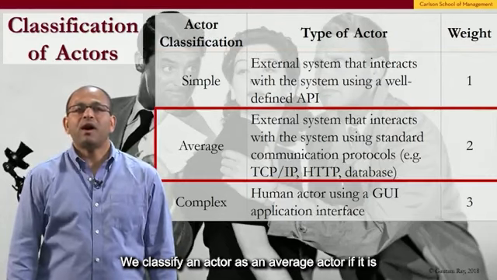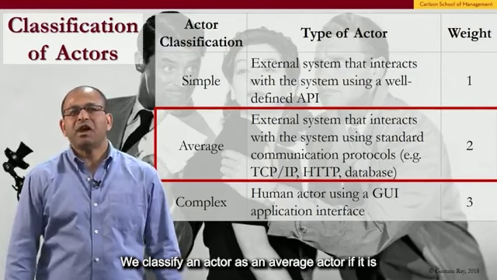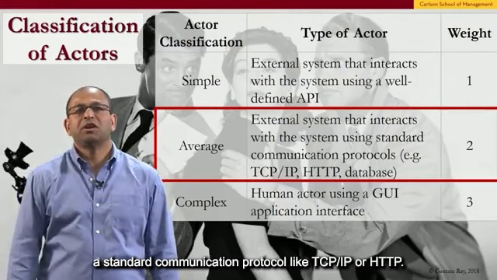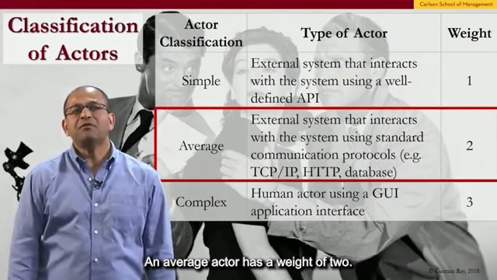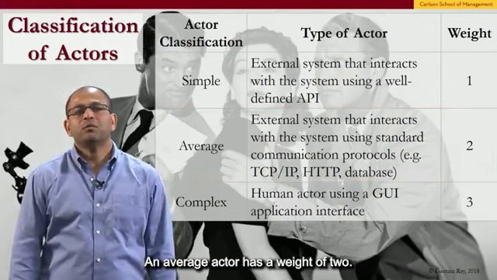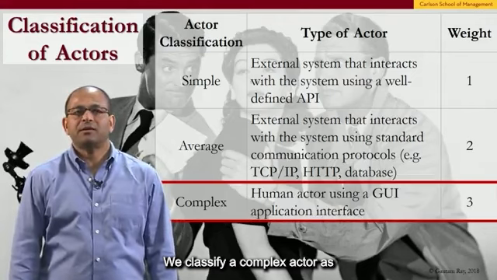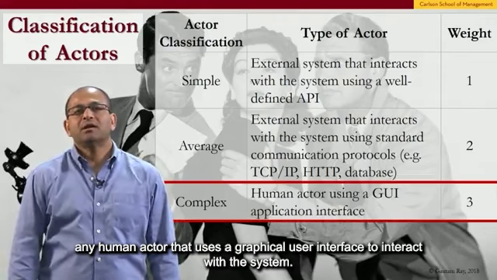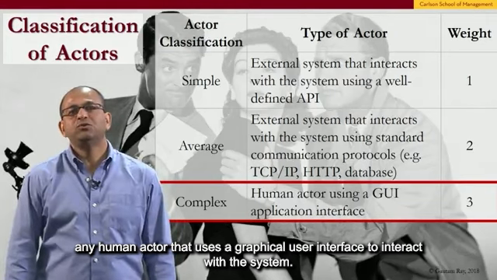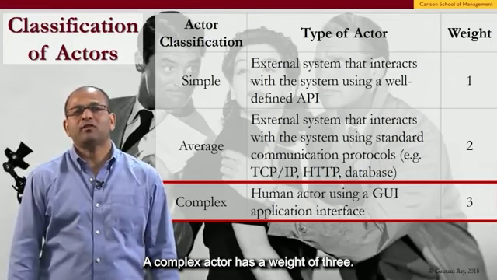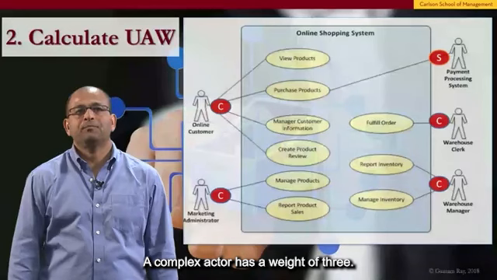We classify an actor as an average actor if it is an external system that interacts with the system using a standard communication protocol like TCP/IP or HTTP. An average actor has a weight of 2. We classify a complex actor as any human actor that uses a graphical user interface to interact with the system. A complex actor has a weight of 3.